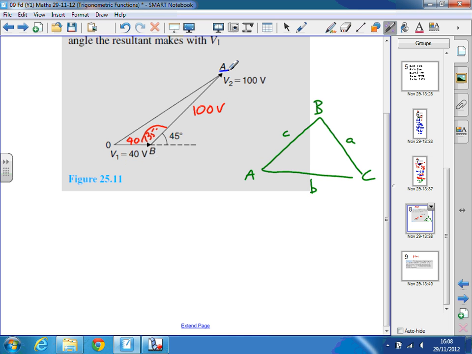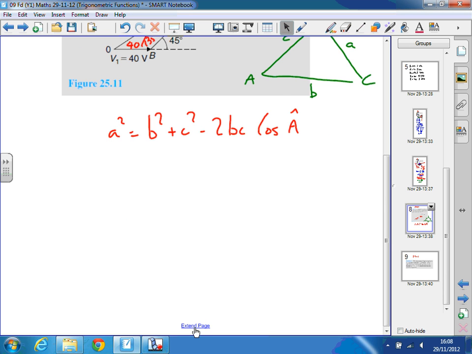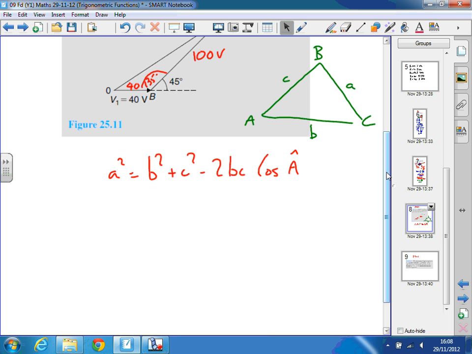So what we do is we say a squared equals b squared plus c squared minus 2bc cos A. That's the cosine rule. How we use it is very straightforward, actually.